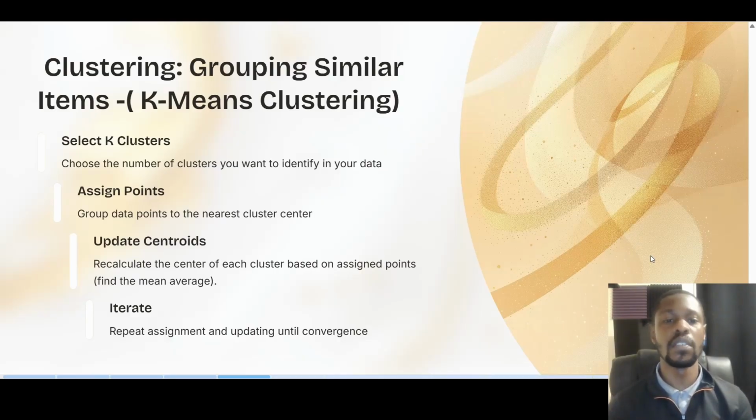So we group the data points to the nearest cluster center. We update these center points, which are known as centroids, and we recalculate the center of each cluster based on the assigned points. This is what we will term finding the mean average, hence the term k-means clustering. And then we just repeat that process until we achieve something known as convergence, meaning this is the best that the algorithm can do. Don't worry if that is very vague and you're not really grasping it, as we're going to go into much more detail on each of these algorithms.